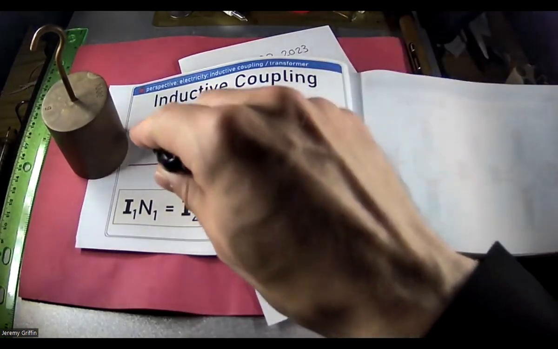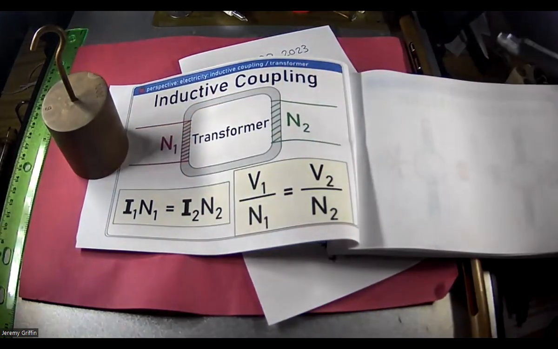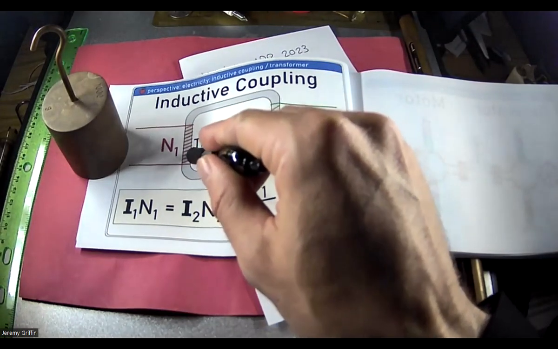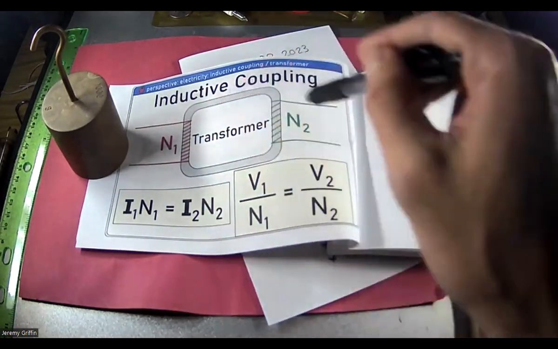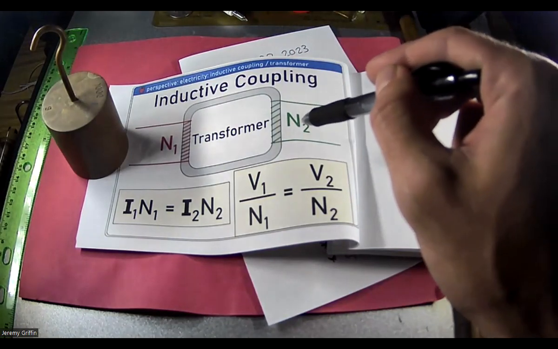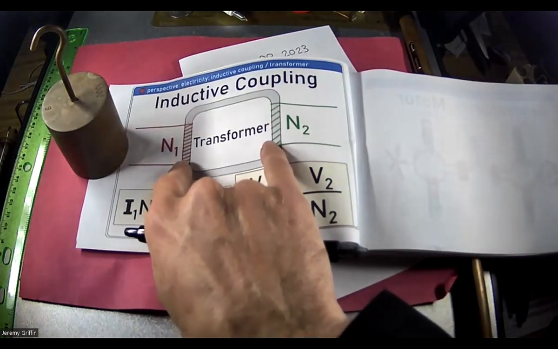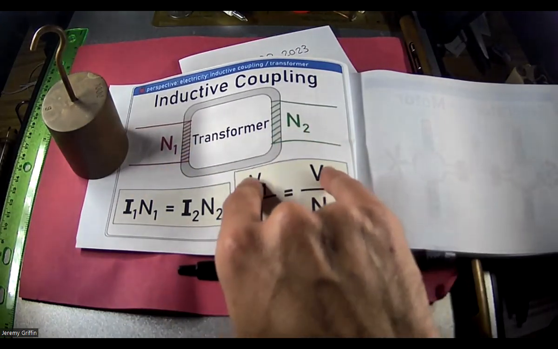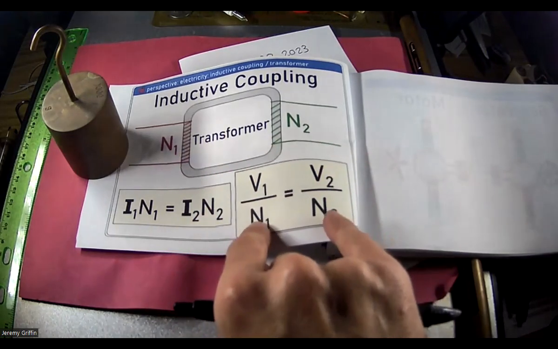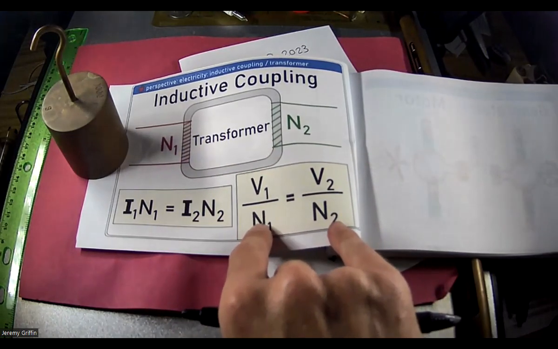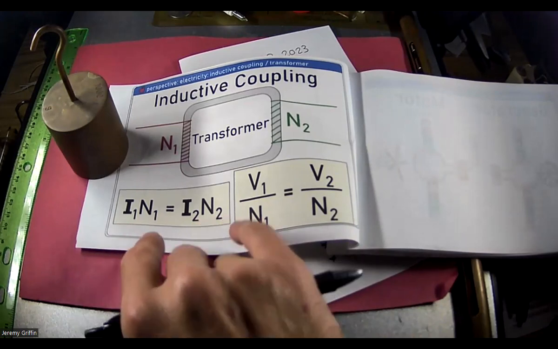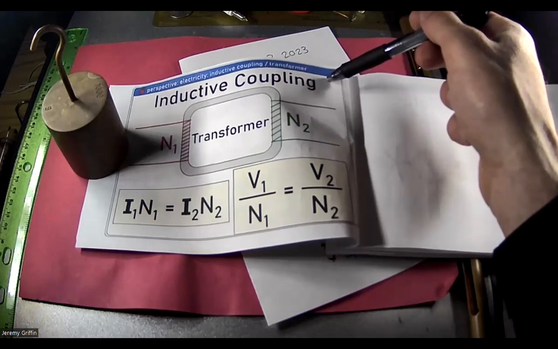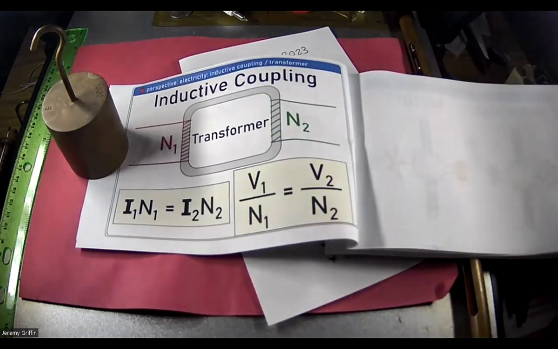Say I have a red wire here and a green wire here, and they're not touching at all, but there's a current going through the red wire. Because this looks like an inductor, it's creating a magnetic field. The green one picks up the magnetic field and transmits that electricity wirelessly. But if there's different numbers of coils, then the voltage changes. If it's a high number here and low number here, the voltage is going to step down from left to right in proportion to the number of coils. The current steps up on that side. It's conservation of energy, why one goes down, one goes up. So the physics phenomenon is called inductive coupling, and the device is called a transformer.